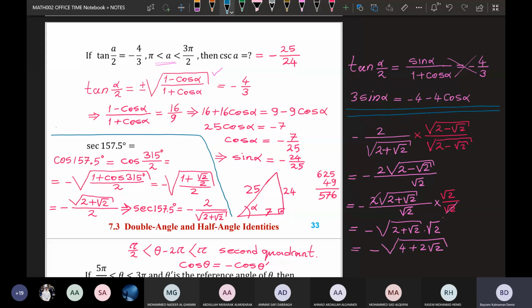Okay. So I will just show you with the line showing what is happening here. Okay.